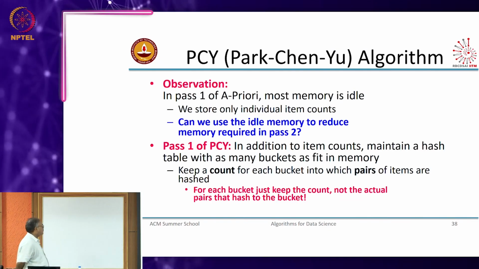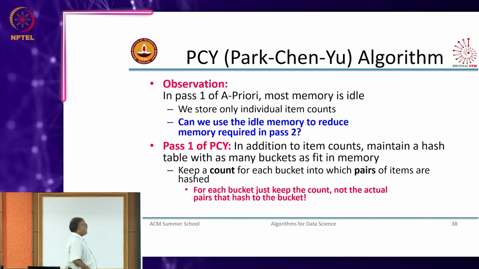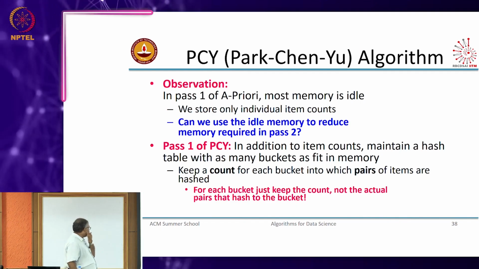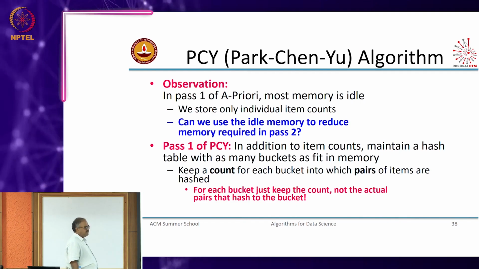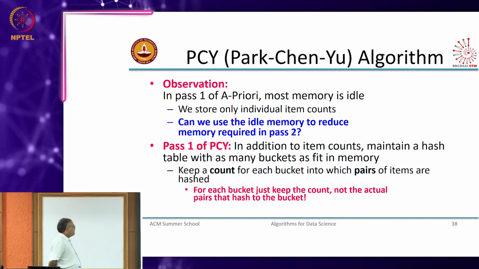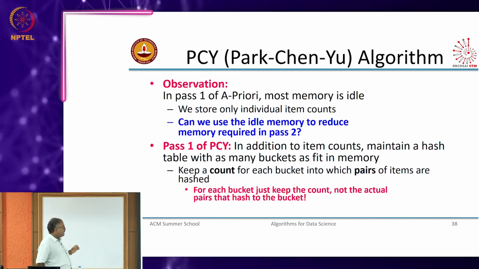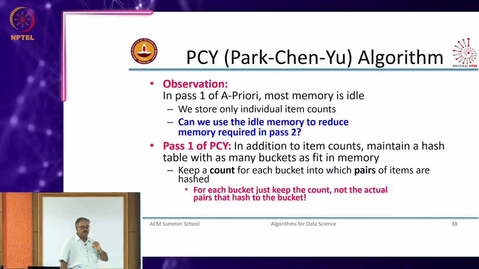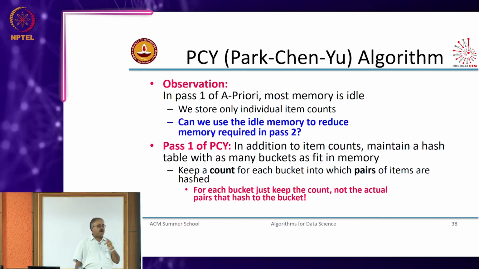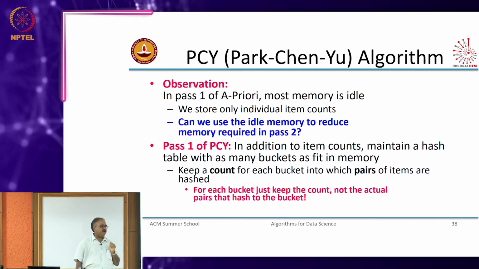So in pass 1, apart from the item counts that we are building, we maintain a hash table, as large a hash table as can fit into the memory, and keep a count for each bucket in this hash table. We count how many times a pair of elements hashes to that bucket.